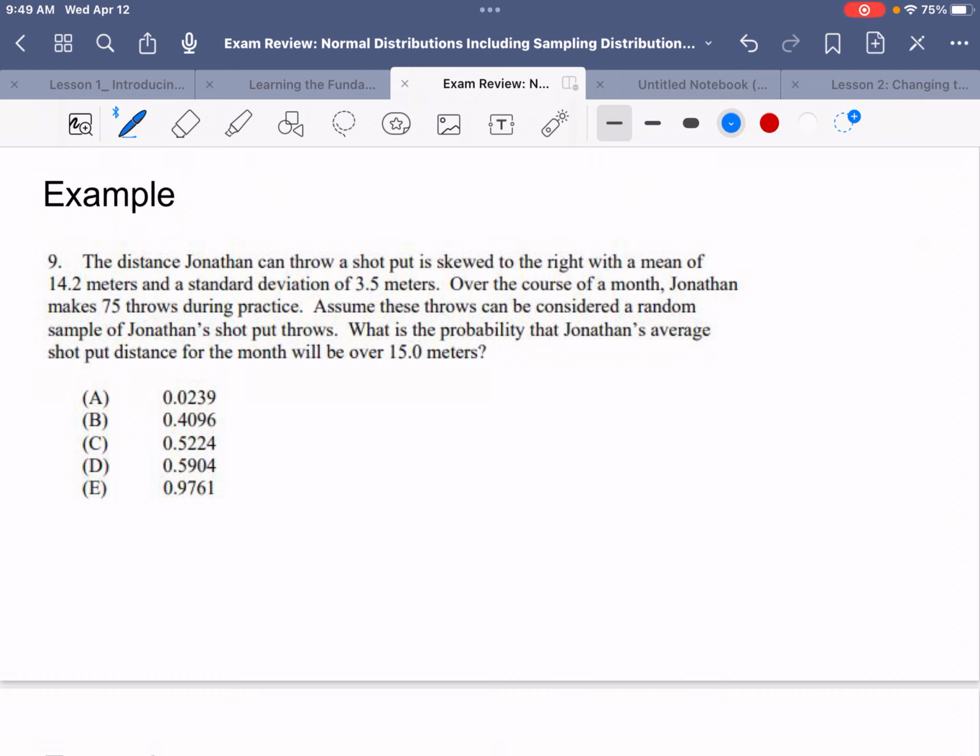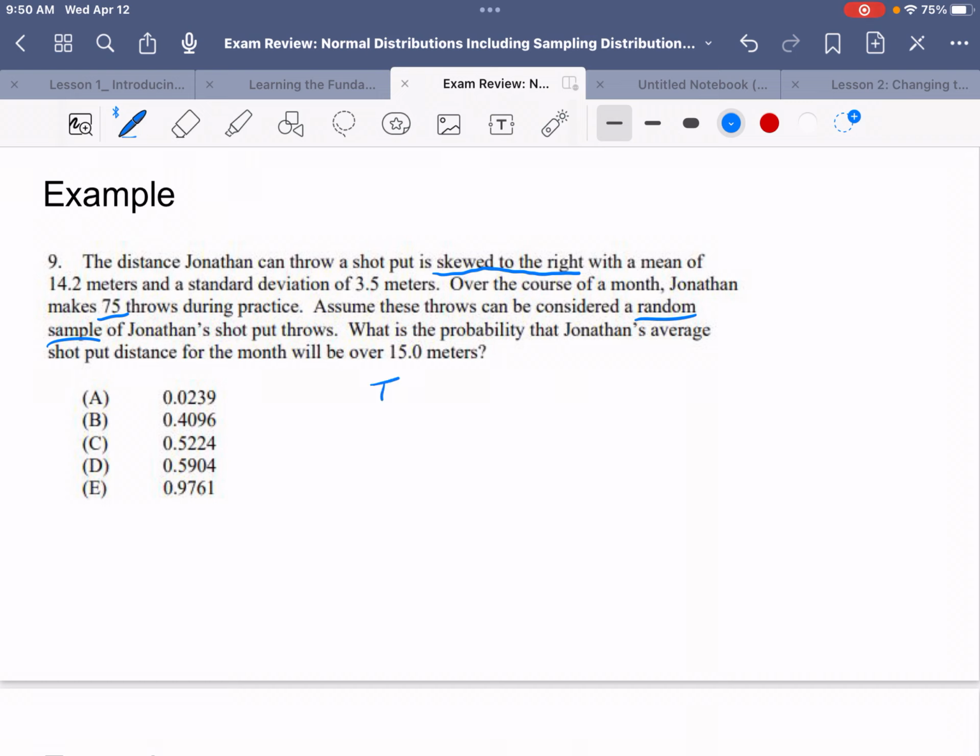Let's read this first sample problem. The distance Jonathan can throw a shot put is skewed to the right. Oh no, I can't use a normal distribution. No, be careful. The mean is 14.2 meters and the standard deviation is 3.5 meters. Over the course of a month, Jonathan makes 75 throws. Assume these throws can be considered a random sample of Jonathan's shot put throws.